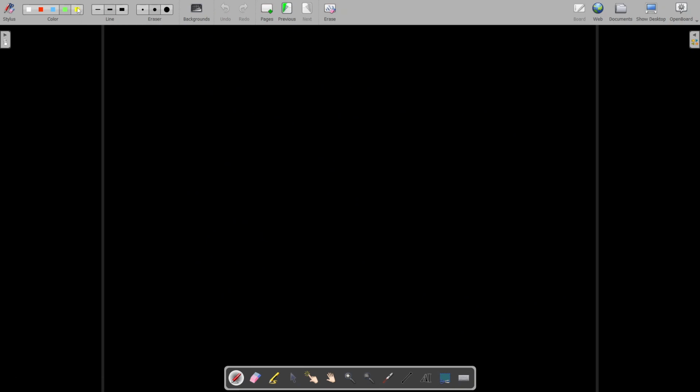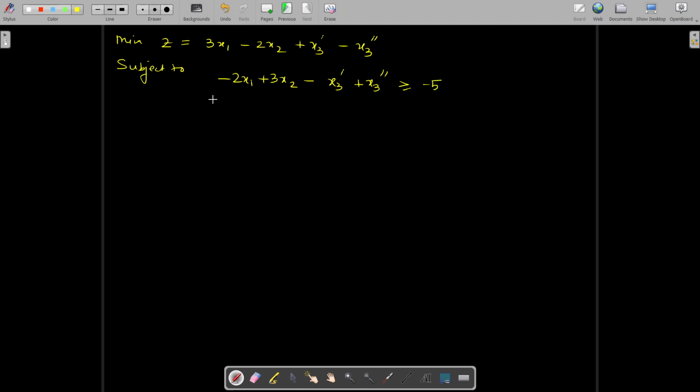The new problem becomes: minimize z equal to 3x1 minus 2x2 plus x3 dash minus x3 double dash, subject to minus 2x1 plus 3x2 minus, you can check it, as I have told you, arrange the coefficients in such a form that it becomes very easy to take the dual.